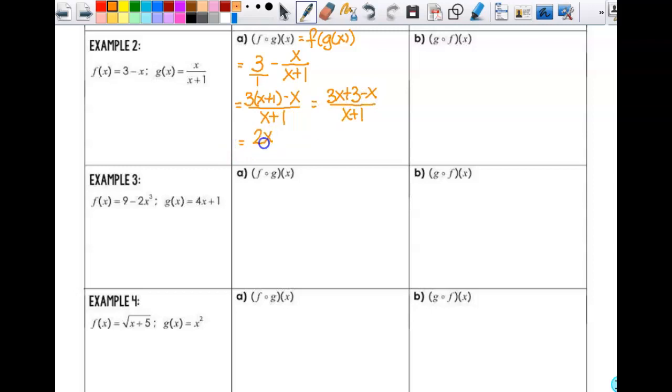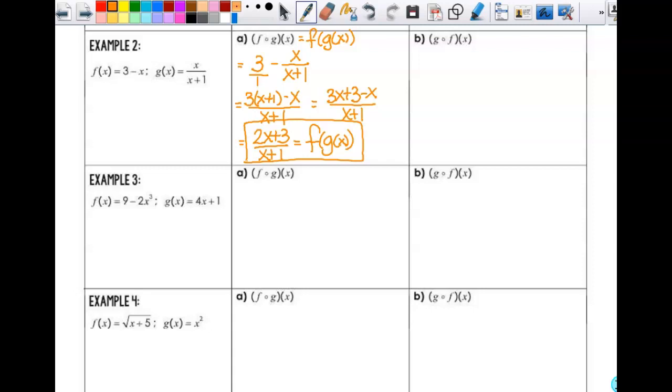So I get 2x plus 3 over x plus 1. That's equal to f of g of x. I cannot reduce that anymore. I cannot cancel x's out or anything like that because there is addition and subtraction there.